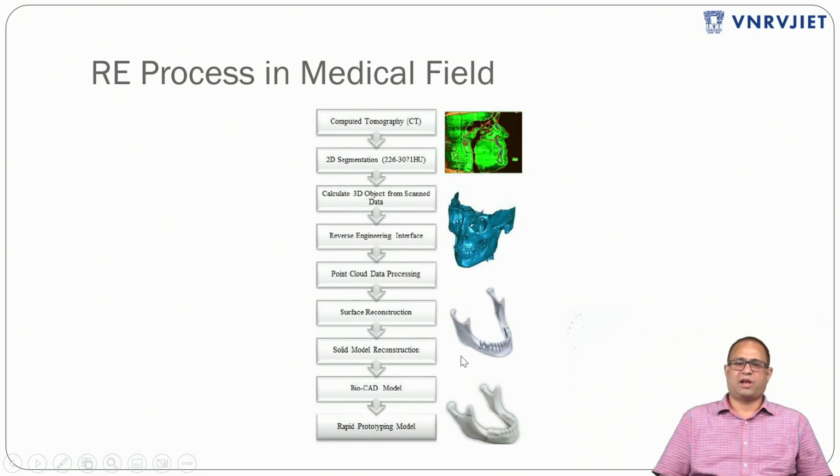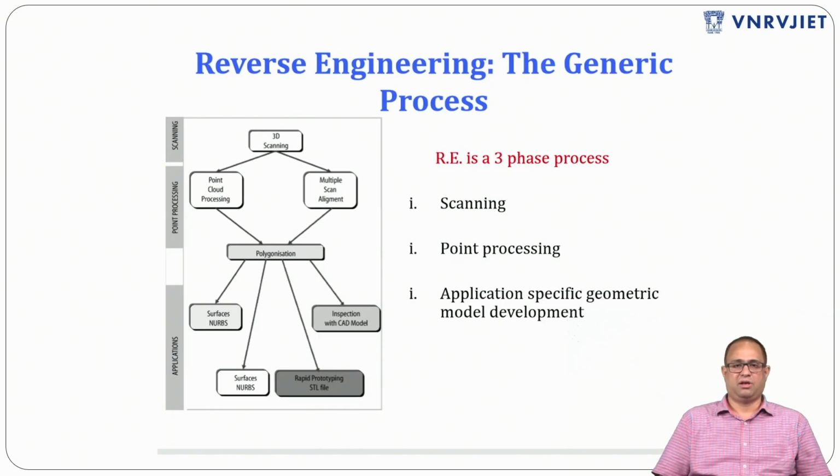Again, if you want to import into a CAD model, you can work on the features so that a proper BioCAD model is prepared, and then it is converted to STL and sent to the concerned 3D printer to print that physical part which was scanned inside your body. So this is the process flow in the medical field.